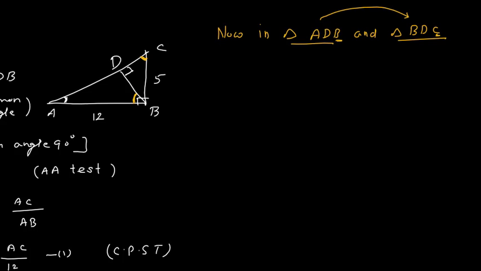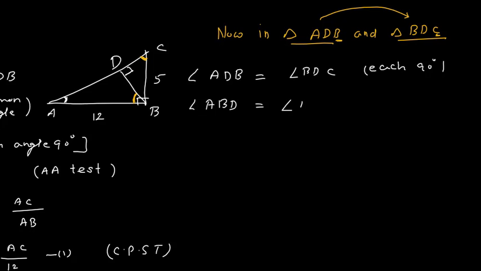Now in triangle ADB and triangle BDC, angle ADB equals angle BDC, each 90 degrees, and angle ABD equals angle BCD from equation 2, which we have just proved.